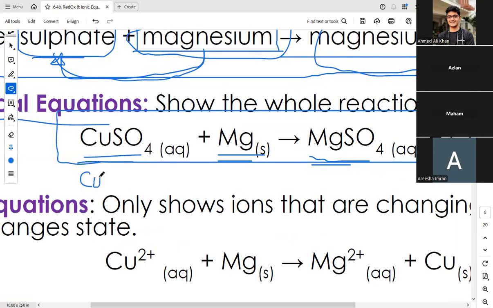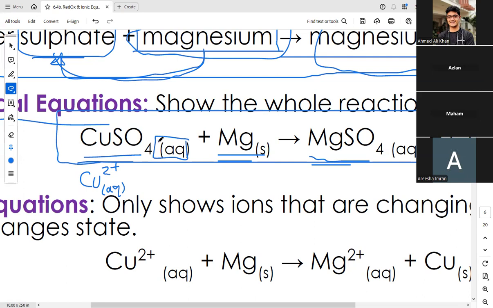Cu2 plus. Okay, so we have Cu2 plus. Will it be aqueous or will it be solid? It will be aqueous. Copper sulfate is in its aqueous form, so this ion will be aqueous. You have to write the state symbol for this ion.